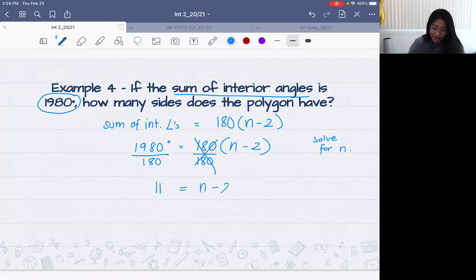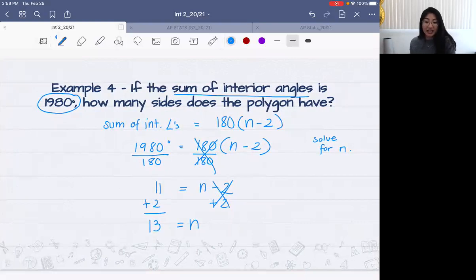Notice how simple this problem is getting, because my last step is to add 2 on both sides, and my final answer is n equals 13 sides. So this polygon has 13 sides.